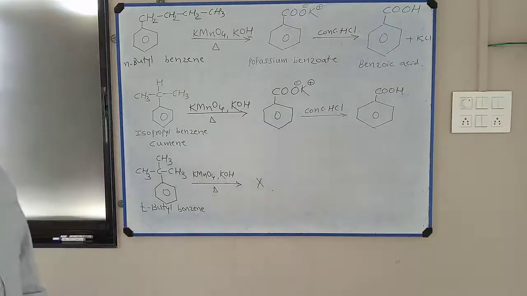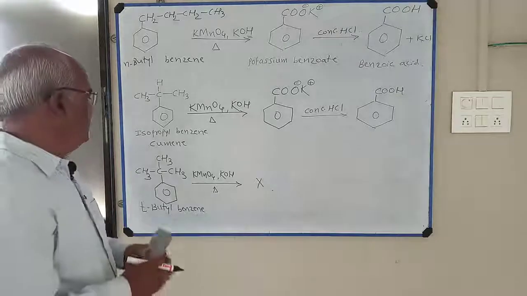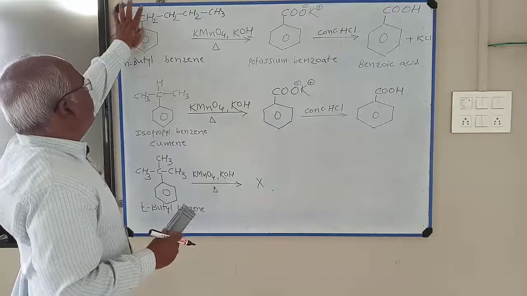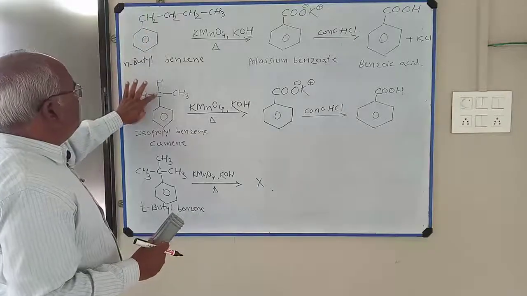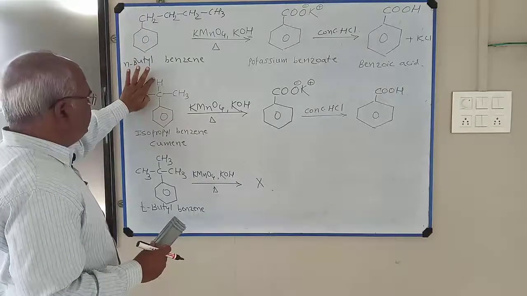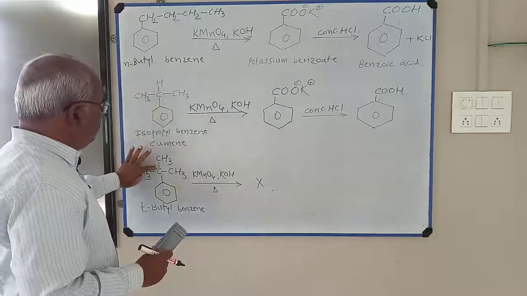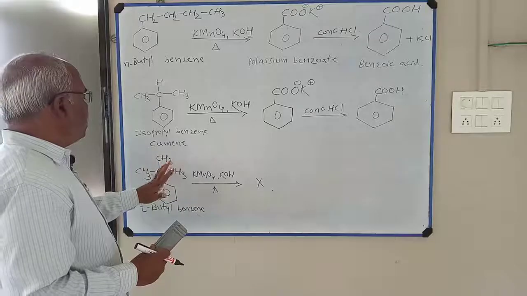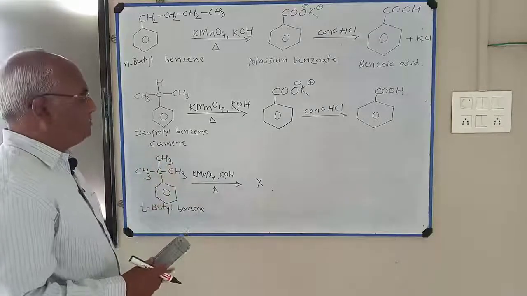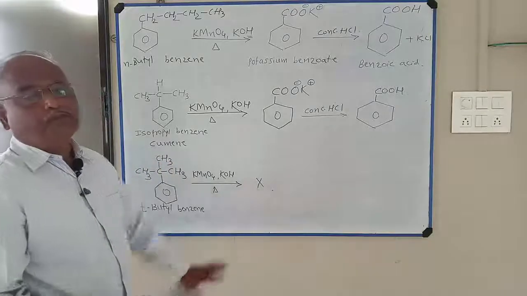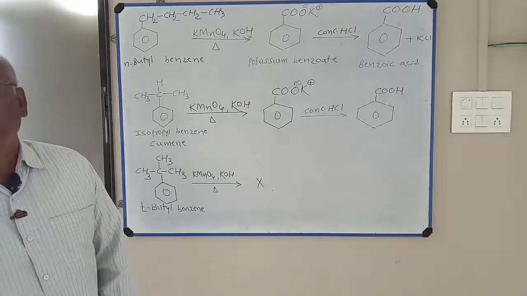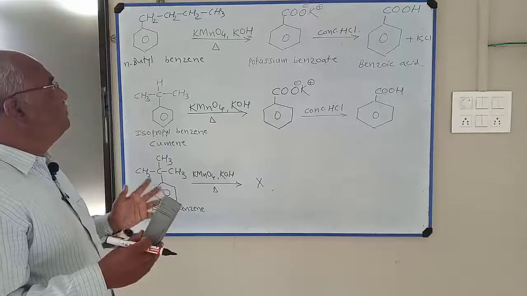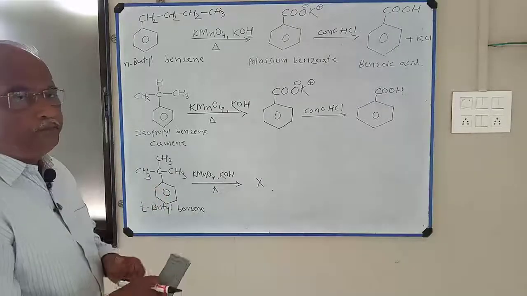The question arises, why? You see here on this carbon hydrogen is present, on this carbon hydrogen is present. In tertiary butyl group there is no hydrogen on the tertiary carbon atom. Therefore, this reaction is not possible. So, this is about oxidation of alkyl benzene.